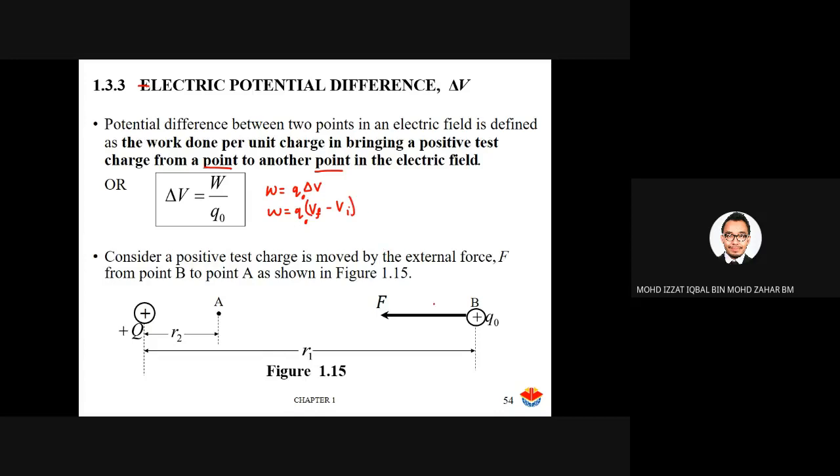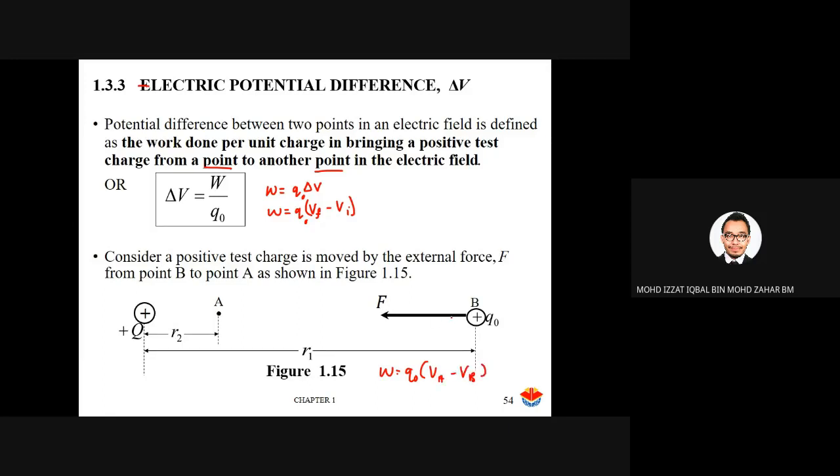So what it means is that if let's say I bring the positive test charge from here to here, from B to A, so it would be VA minus VB. Okay, work equals to Q naught VA minus VB.